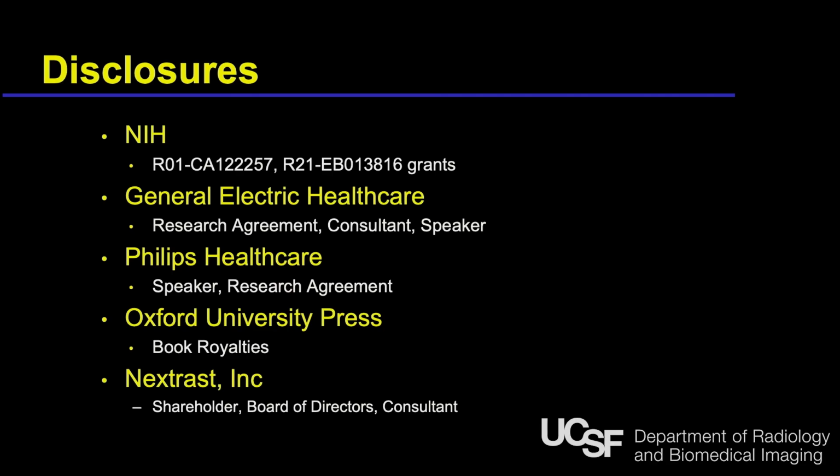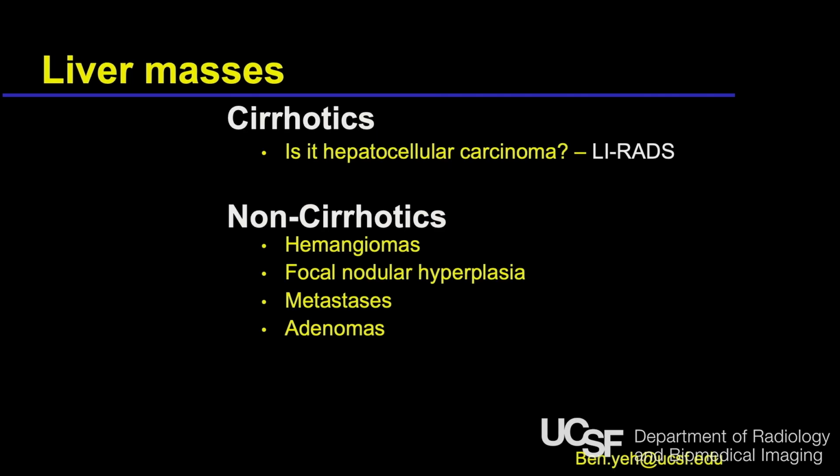When we talk about focal liver disease, we have to think about two populations of patients because the differential diagnosis is vastly different between these two groups. So the first question we have to ask whenever we approach a mass in the liver is, is the patient cirrhotic?